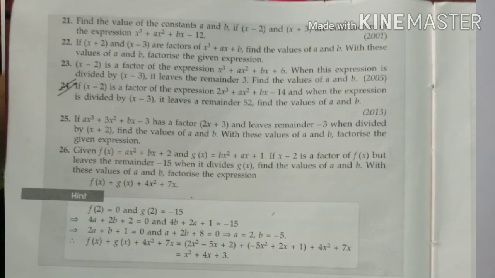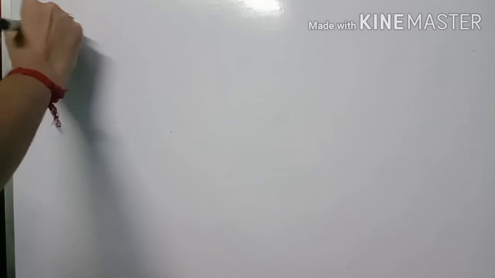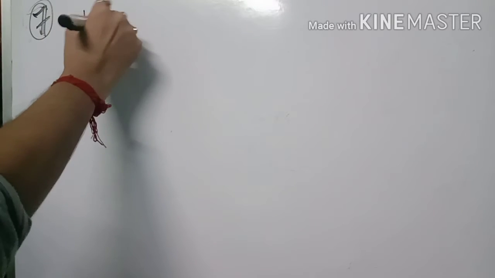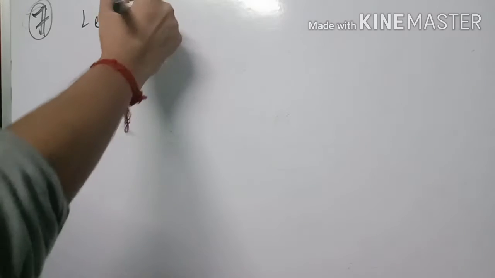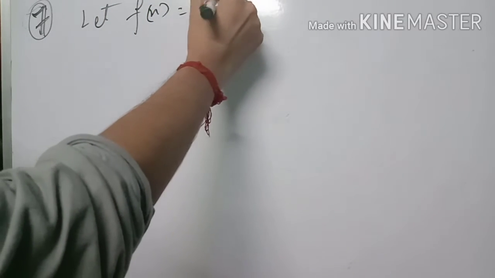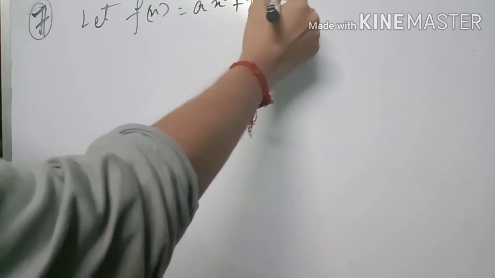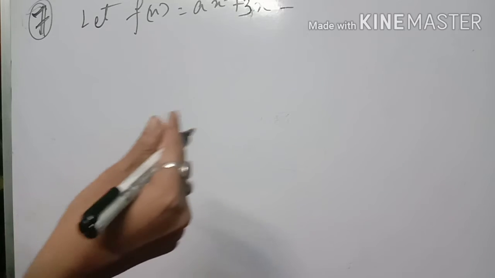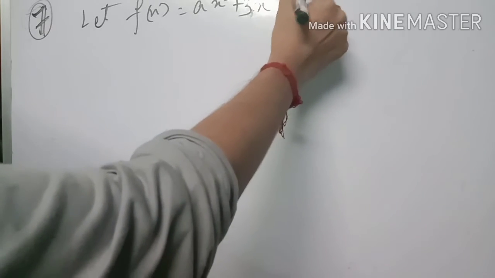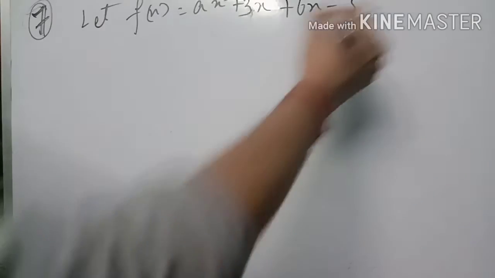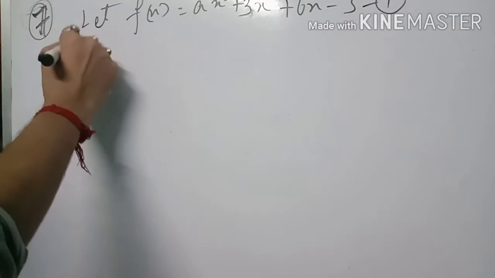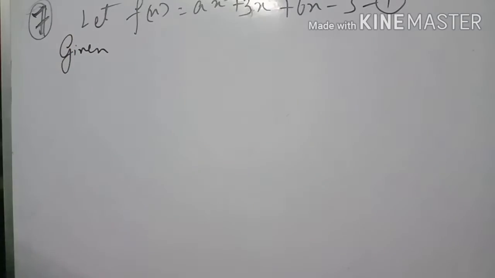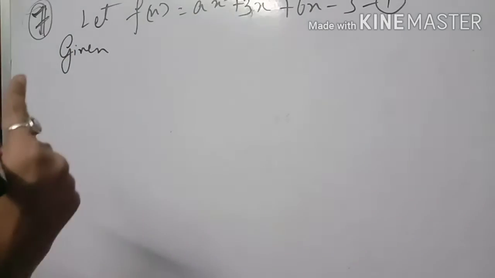So first, the sum number 20. Let me write number 7. Okay, that hits the bullseye. Let f(x) equal ax cube plus 3x square plus bx minus 3, terming it as equation 1.